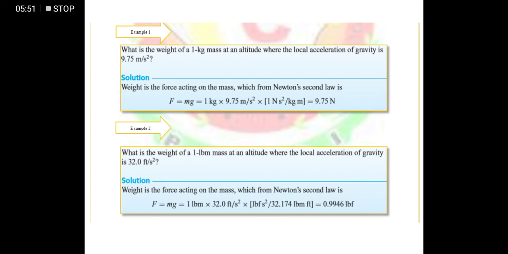Take note of that. So the lbm cancels out, the second squared cancels out, and the remaining unit is lbf, or pound force.